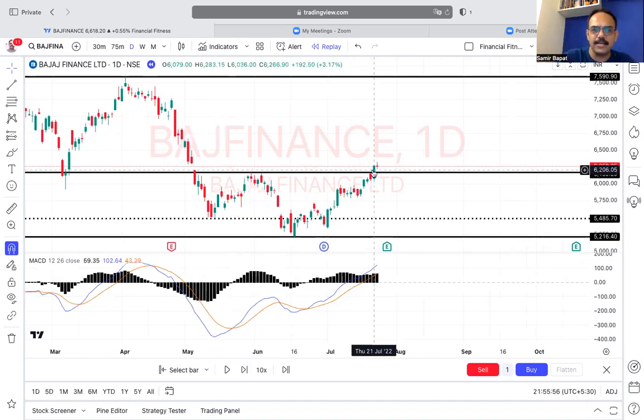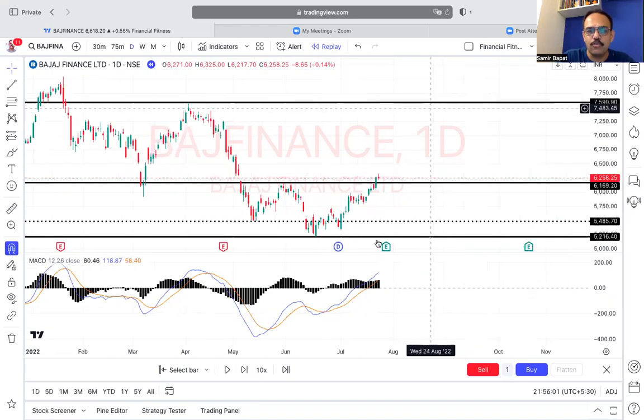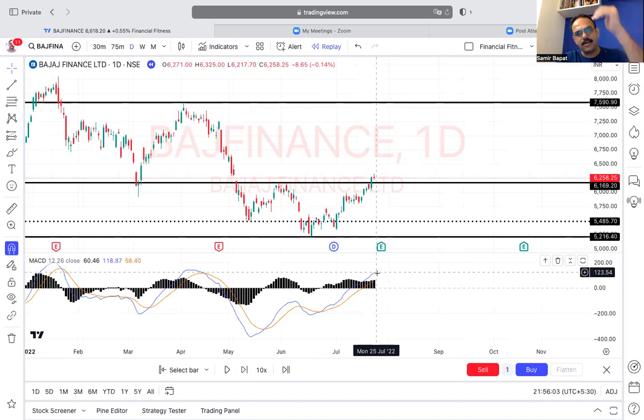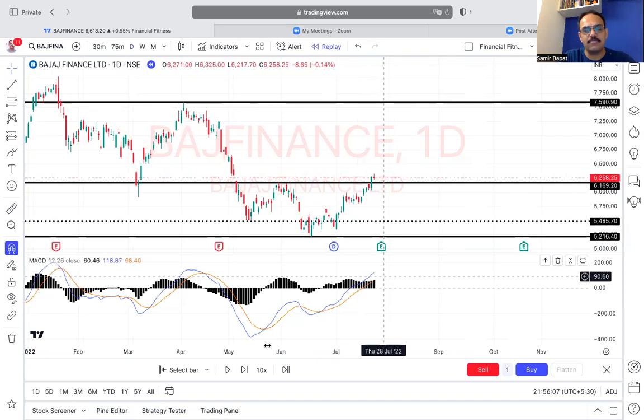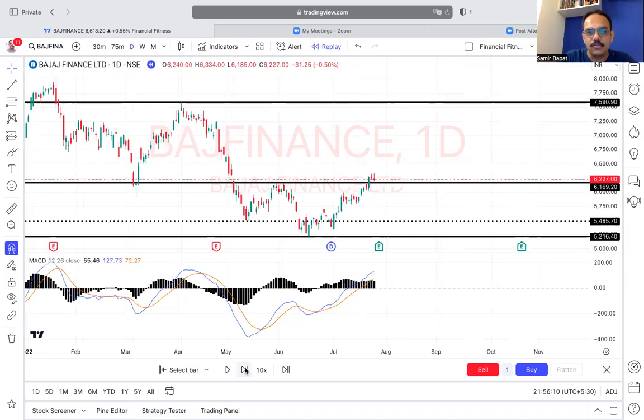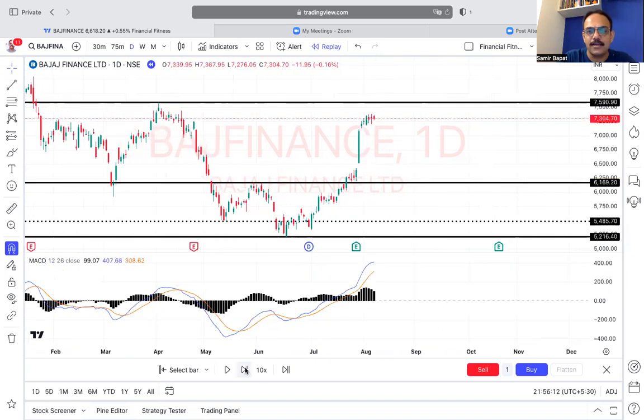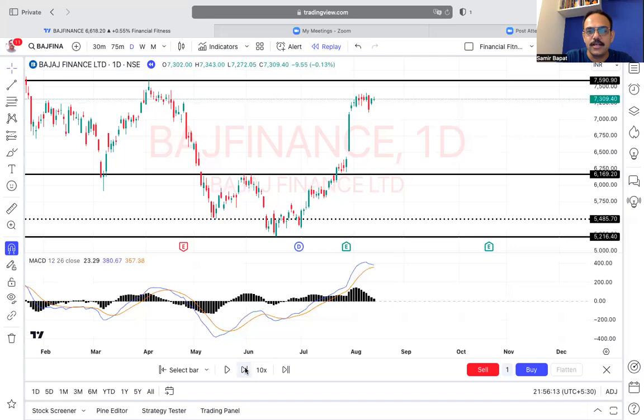ठीक है, अभी भी still it is showing strength, so we can keep our target as profit 2 here, or whenever there is a crossover of this blue below signal, we can as well exit at that time. So we are waiting for either the target 2 to reach.